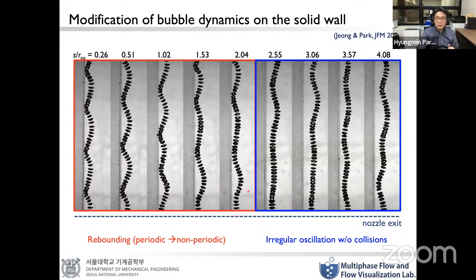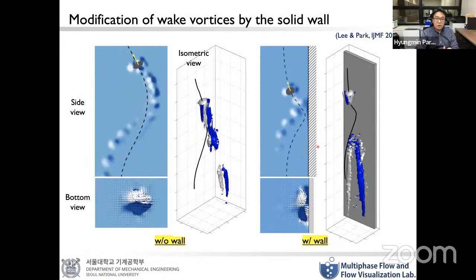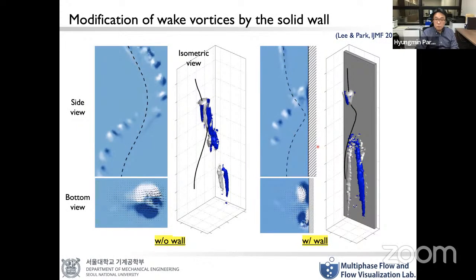But when you increase the distance further, the bubble dynamics changes to irregular oscillation without collisions. That is what we have measured, right? And this is also related to the significant modification of the vortical structure behind the bubble near the solid wall.